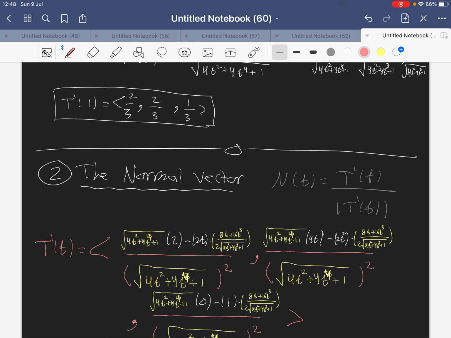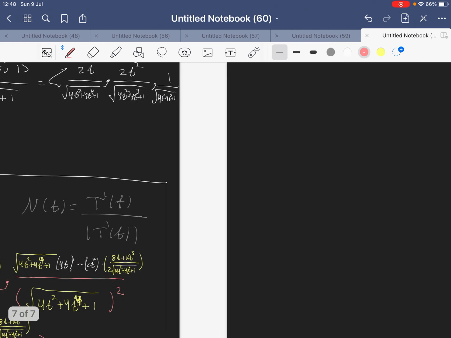So if we did that and we have the calculator, did everything correct, the answer will be the following. So we will get that T prime of 1 will be negative 2 over 9, negative 4 over 9, negative 8 over 9. Please check and confirm to me that this is what we will get.